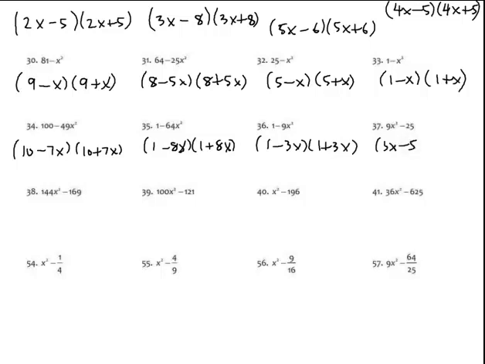3x minus 5, 3x plus 5. 12x minus 13. Use that square root button. 12x plus 13. I bet you knew that one already. 10x minus 11, 10x plus 11.